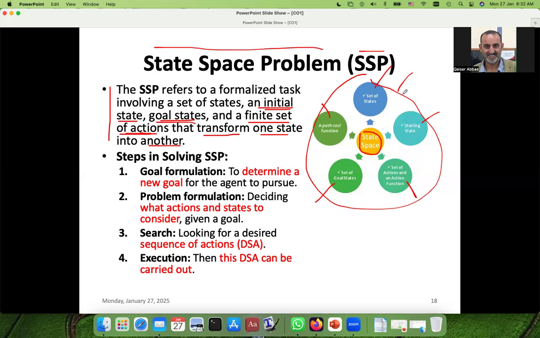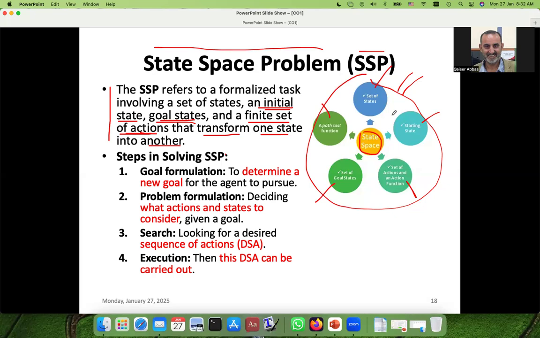And when you identify these five things, this is called problem definition. Problem definition is the planning task. Before designing an algorithm for that problem, you normally define the problem. That is called problem definition. And in the problem definition, you normally define these five things on paper.